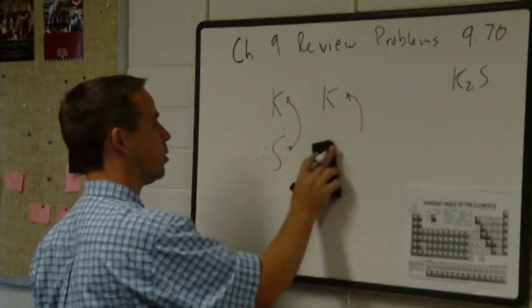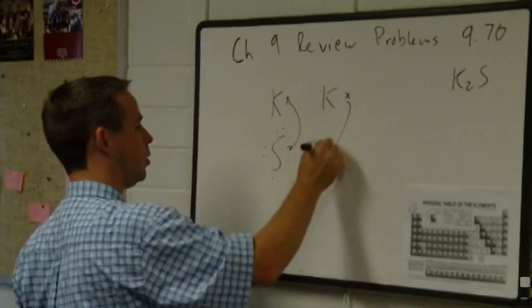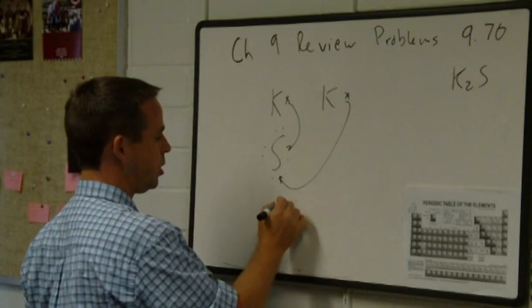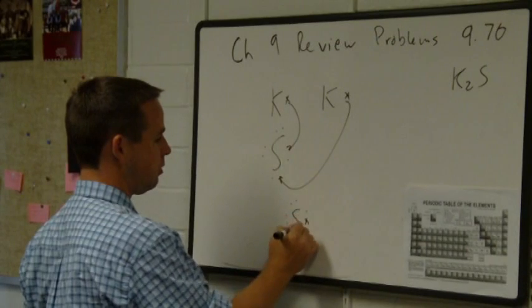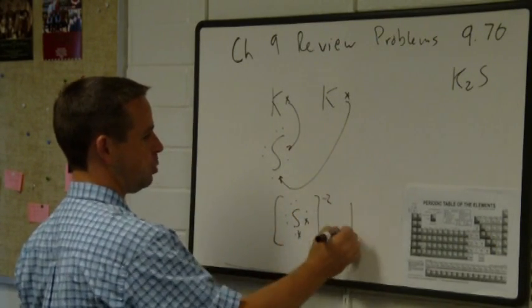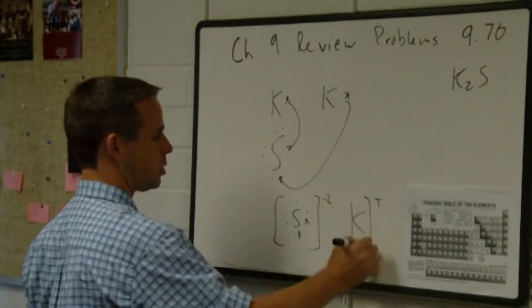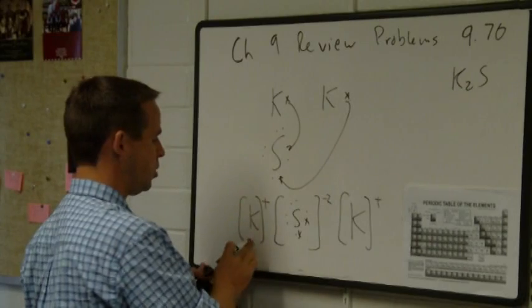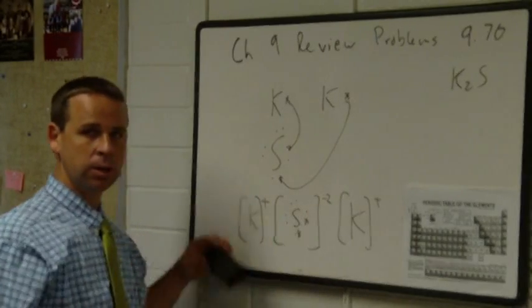Just 1 sulfur, right? There we go. So then the sulfur is going to have 1, 2, 3, 4, 5, 6, 7, 8, and it's going to have a -2 charge, and the potassiums are both going to have a +1 charge. So that is how we use the Lewis structure system to draw an ionic compound.